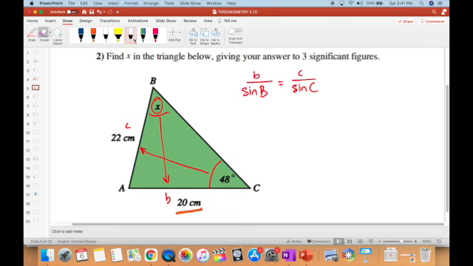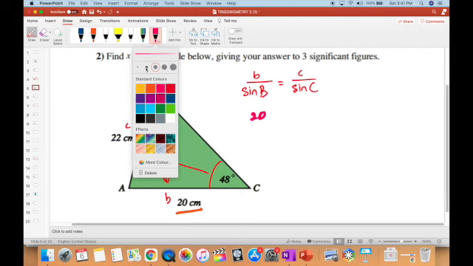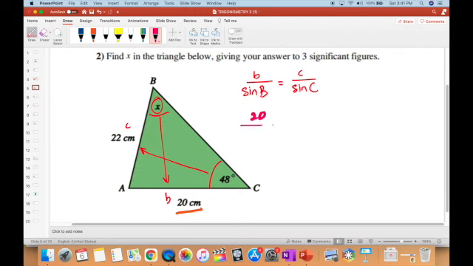So we see here that the side B is 20, all over the sine of the angle B, which is x, which is what we want to find. And that is equal to the side C, which is 22, all over the sine of the angle C, which is sine of 48.